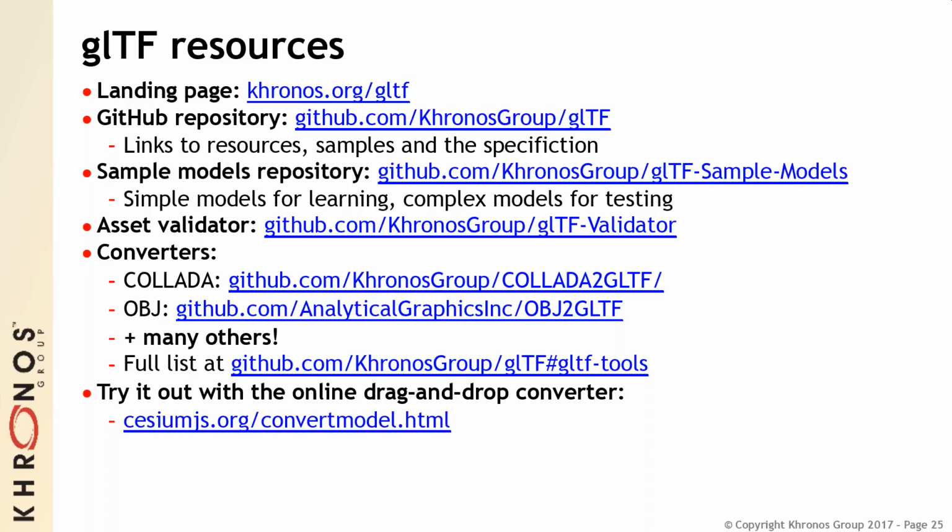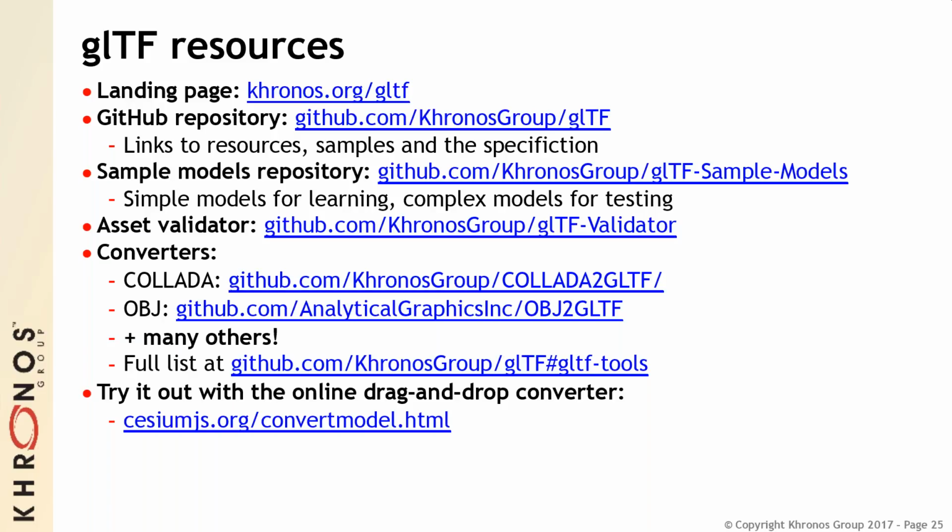There's an asset validator that is online on GitHub, and there's also an online tool where you can simply drag and drop your assets to make sure that they comply with the specification. Additionally, there are several converters for existing file formats to convert them to glTF.